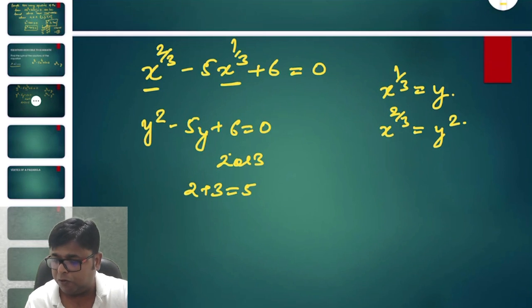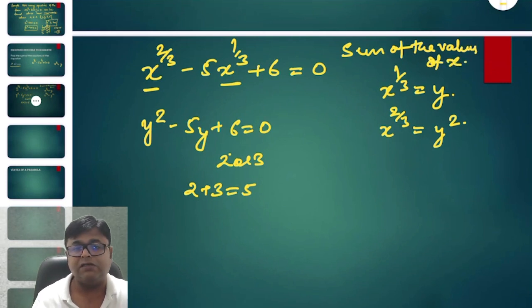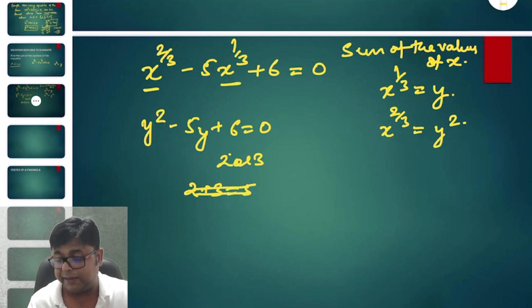Suppose this question says find the sum of the values of x for this equation. Now these are the values of y, not of x. So if this is the question, the sum of the values of x, 2 plus 3, 5, will not be the answer, because x to the power 1/3 is y.